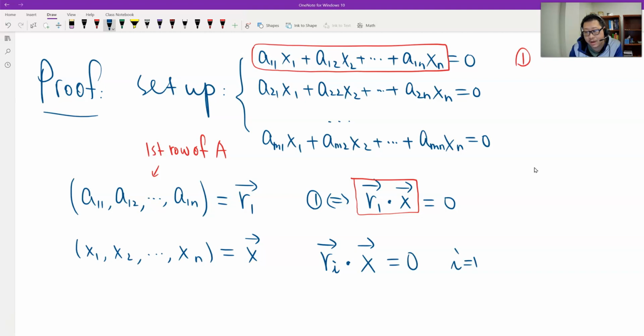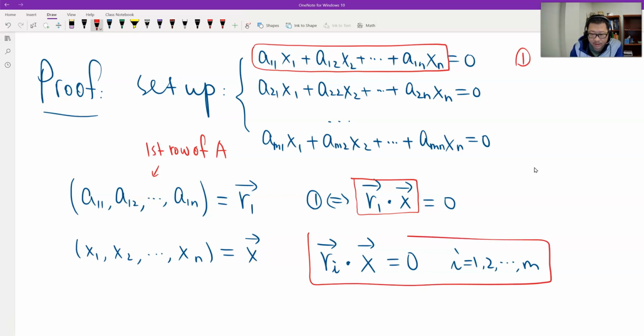And if we go on, any equation should be the i-th row of A dot x equals 0, where i goes from 1 to the last row, which is m. That makes sense. This is the linear system, exactly the same, and Ri is the i-th row of the matrix A.